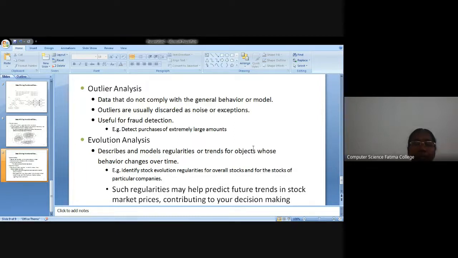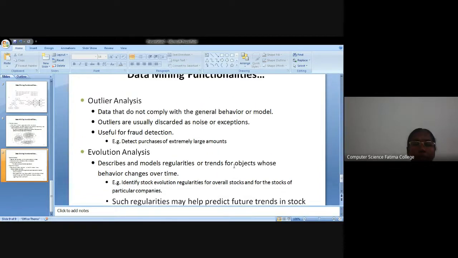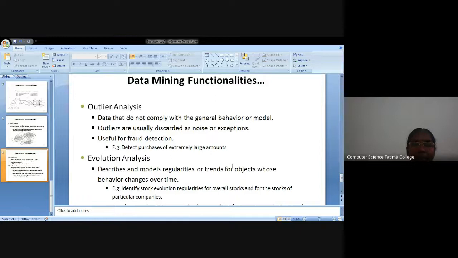These kinds of patterns can be identified by applying data mining functionality to a large data set. We can use it to find patterns in the database. Thank you.